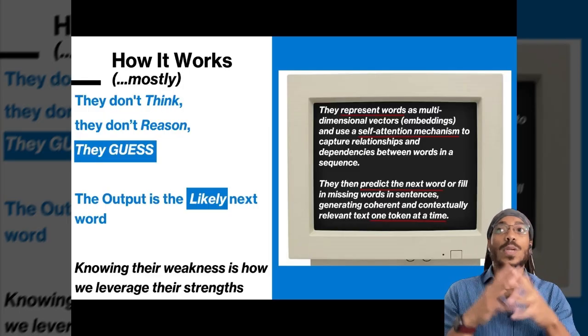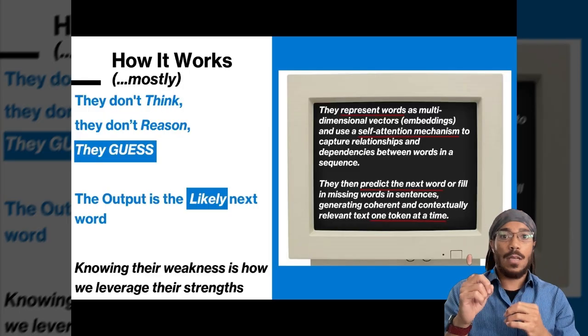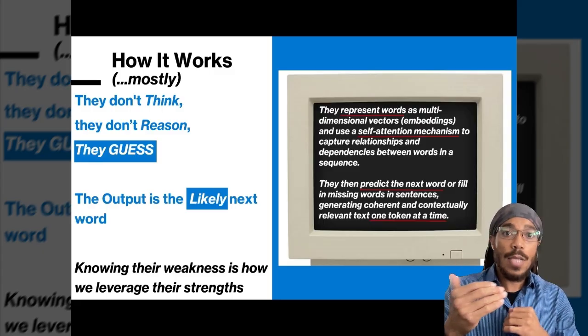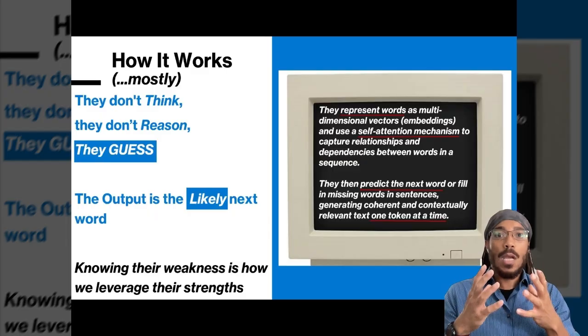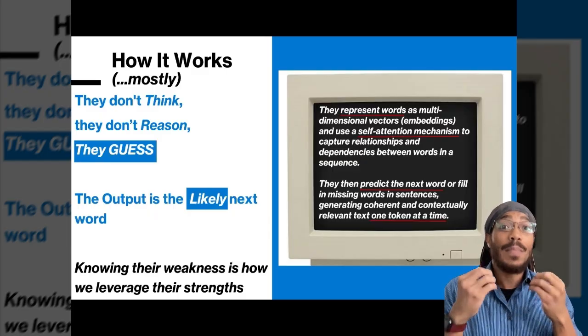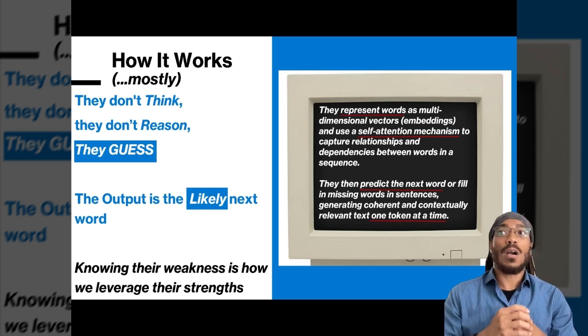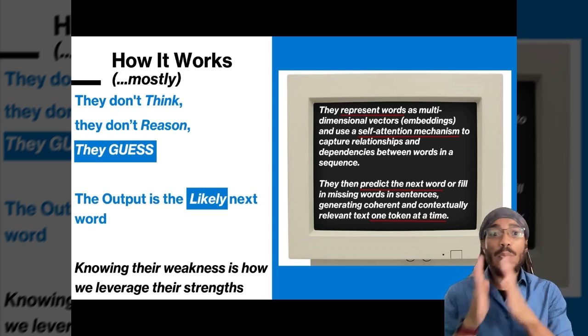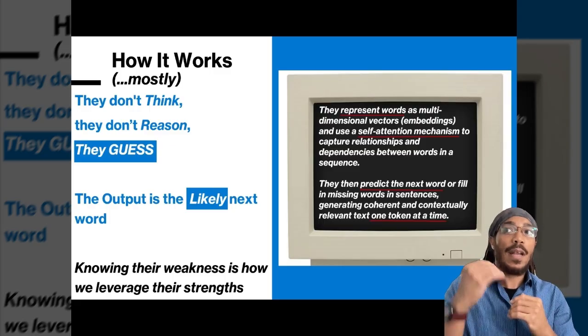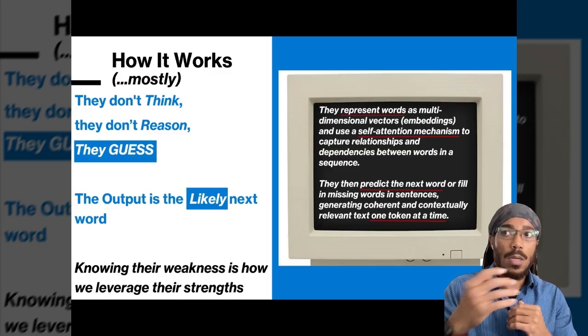But the reality is that they don't think, they don't reason, they guess. They don't know answers. They are using probability to predict what the next most likely outcome is. That's what their outputs are. It is a prediction, word by word or token by token, of what is likely the next best word.